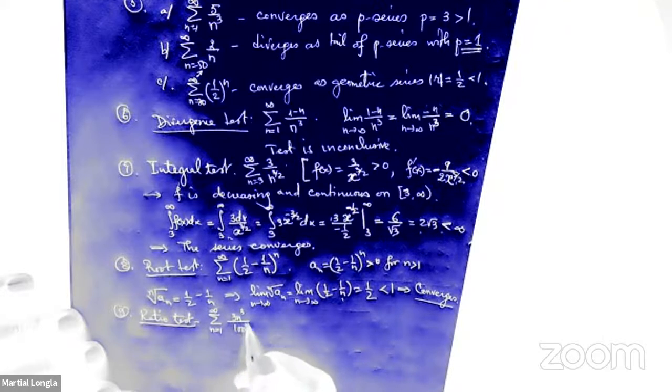Then you get 9, a ratio test. You get the sum n from 1 to infinity of 3n cubed over 100 to the power n. And that's 100 to the power n, not 100n.